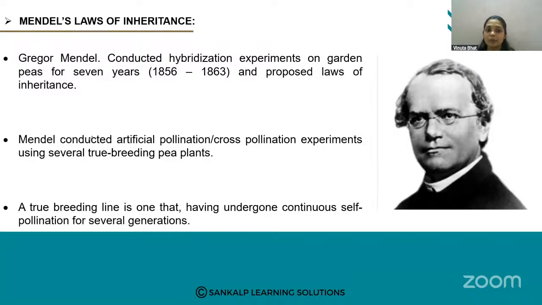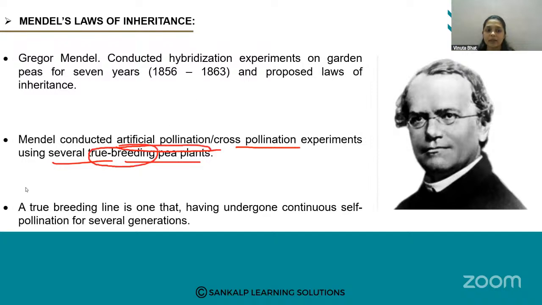Then Mendel conducted artificial pollination or cross-pollination experiments using several true breeding pea plants. He used many pea plants for his pollination experiments. What is the meaning of true breeding?